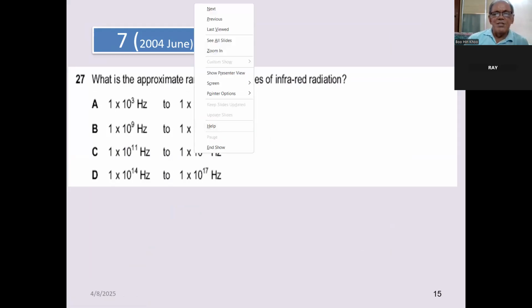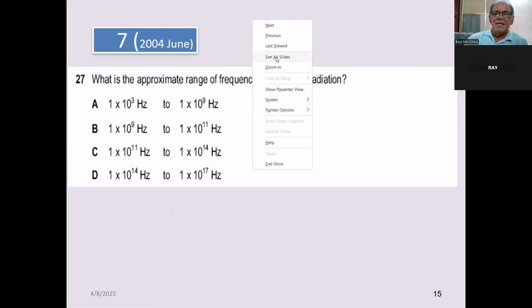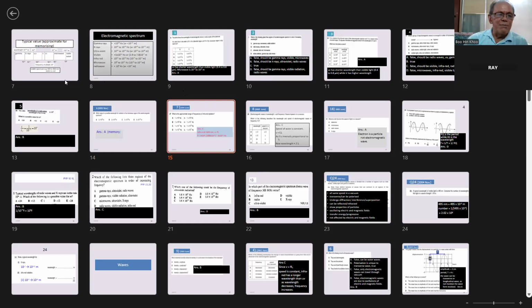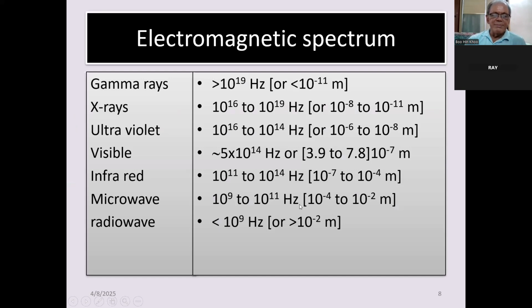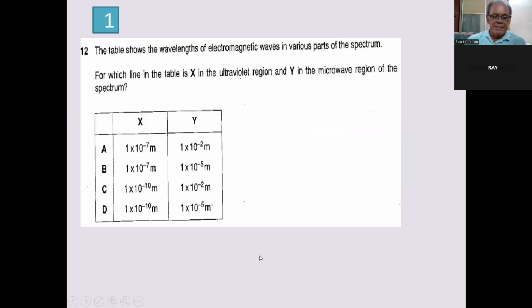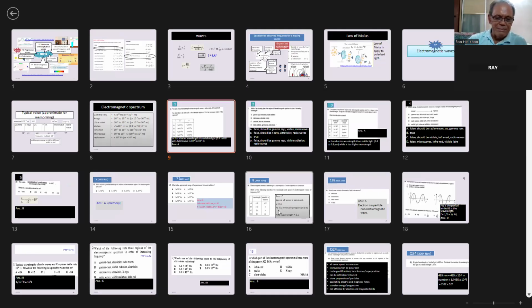You have to memorize it, no choice. As I have said, either you memorize this diagram in terms of wavelength or frequency, or you memorize the exact one. No choice, you have to memorize it.